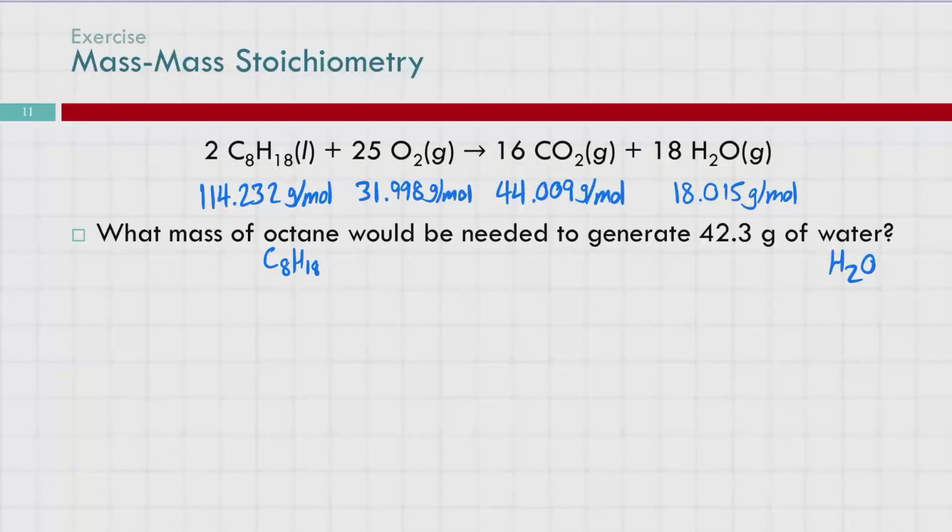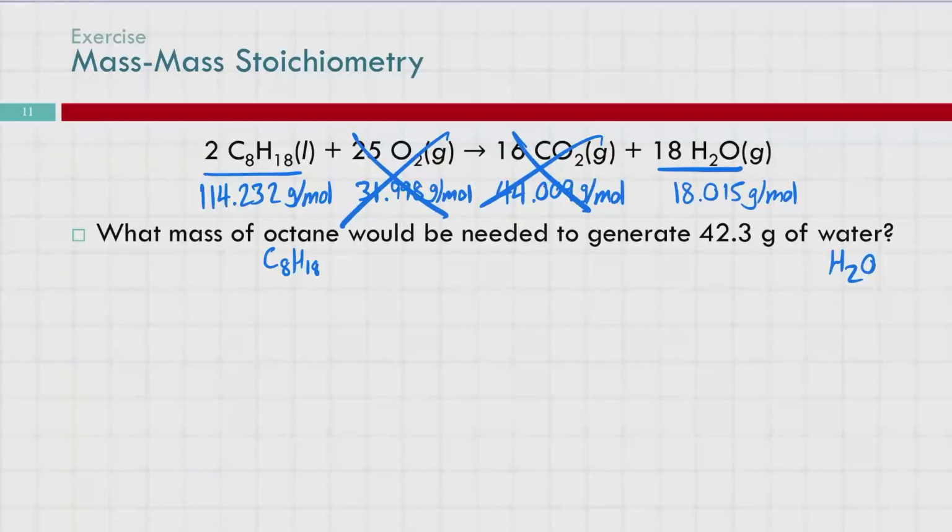So the two things that we care about, the two chemicals that were mentioned, are water, that's going to be our H2O, and then the other thing is the octane, our C8H18. The other two chemicals were not mentioned at all. We do not care about those other chemicals. So if it's helpful for you, you can just cross them out. Get rid of them. We don't need them.